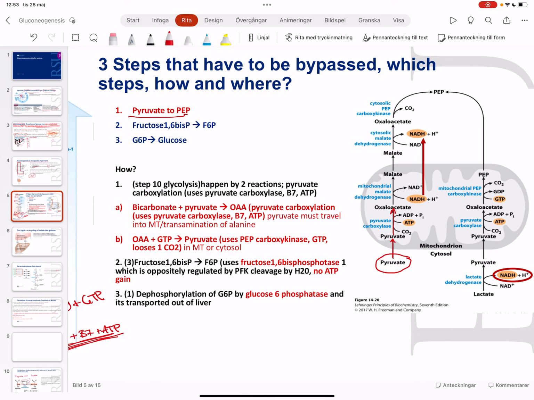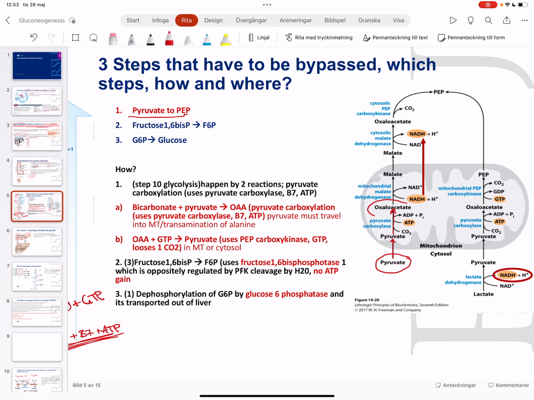But the thing is that oxaloacetate cannot go out. It doesn't have any transporters. Therefore, oxaloacetate will be converted to malate, and then malate in the cytosol will be converted into oxaloacetate. Then we can do this next step.